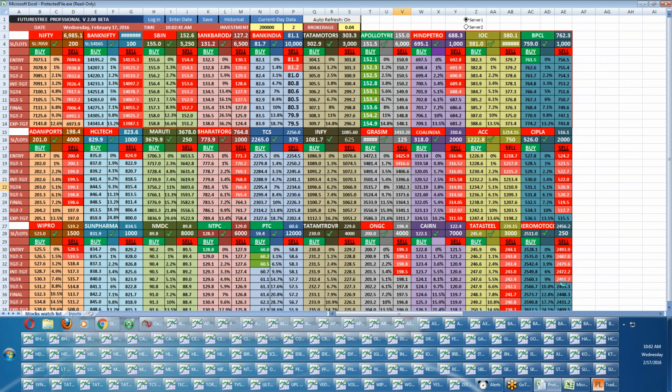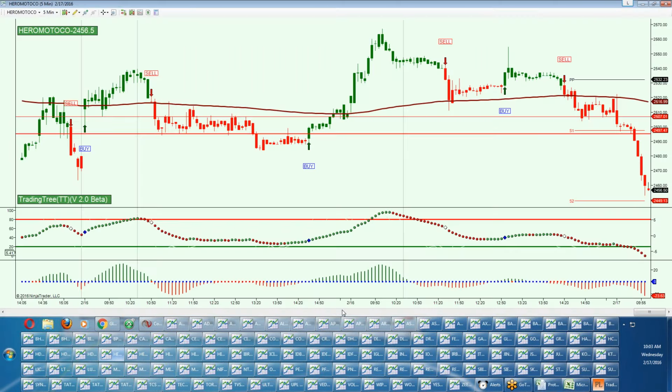Hero Motoco has already given you roughly 30-35 rupees. So it started from its entry. So there's a possibility of 2450.